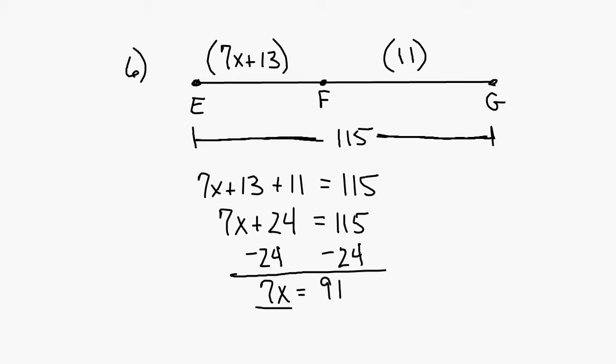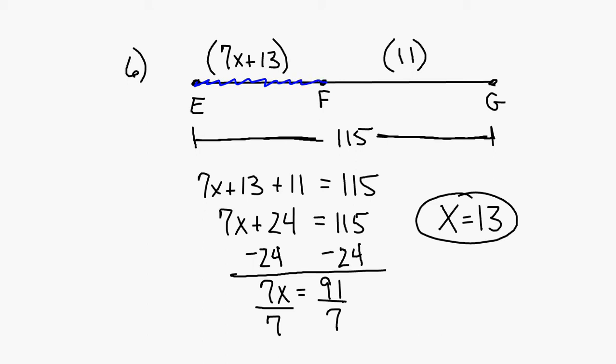And if you divide both sides by 7, 91 divided by 7 equals 13. So x, in this case, is equal to 13. Remember that the two pieces of a segment, you got, in this case, the smaller piece, the blue piece, plus the red piece equals the entire piece.